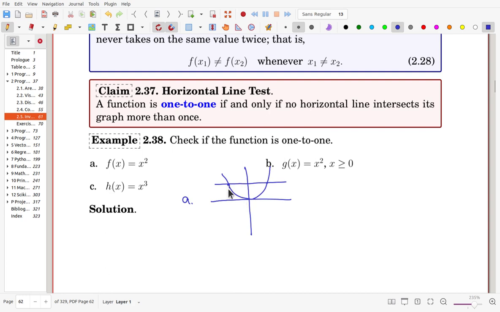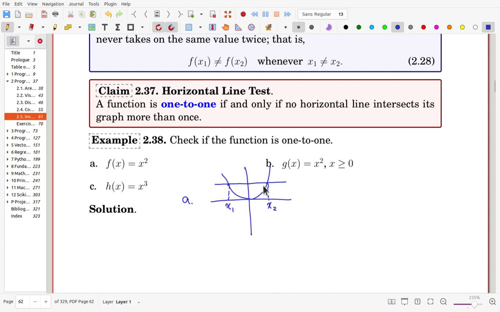That means that if this is x1 and x2, then f of x1 and f of x2 are the same value, and here the height is that one. So this condition is broken, and it's not one-to-one.